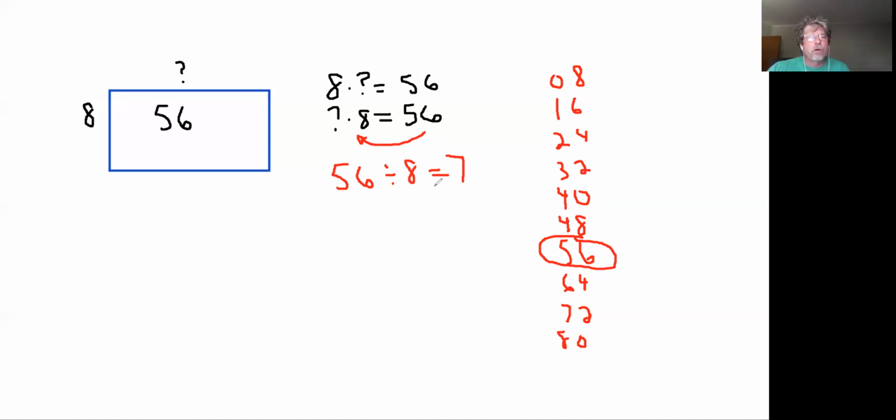So what we start to pick up on is there's a way to write division. A way to write division is I can write the 56 underneath. That's our dividend. The divisor's out here, and then the quotient is on top.